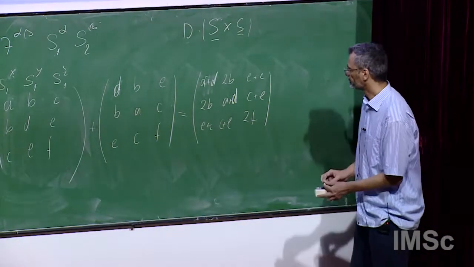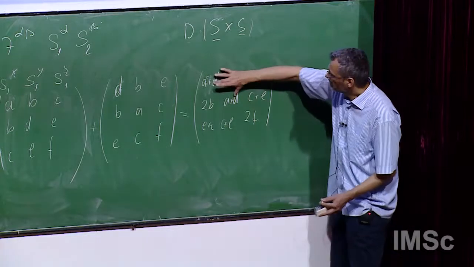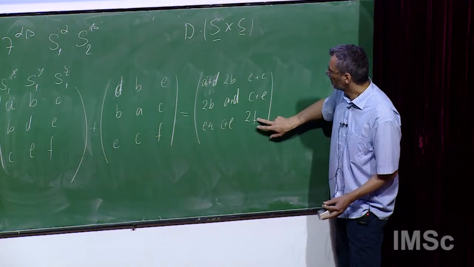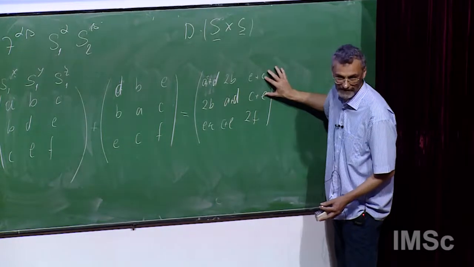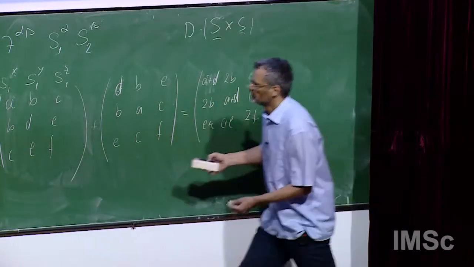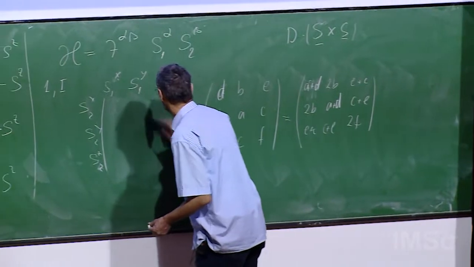Okay? So I got that these two elements are equal. This is different. There are these two elements and there are these two which are also equal. Just for convenience, I will write them here.